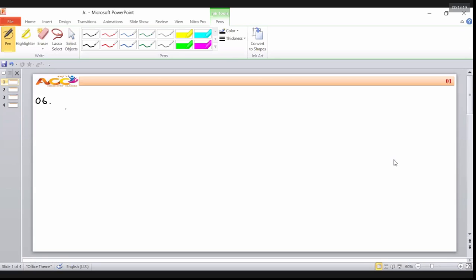Heat of reaction for Haber's process, N2 plus 3H2 gives 2NH3, at 27 degrees centigrade is minus 91.94 kilojoules.